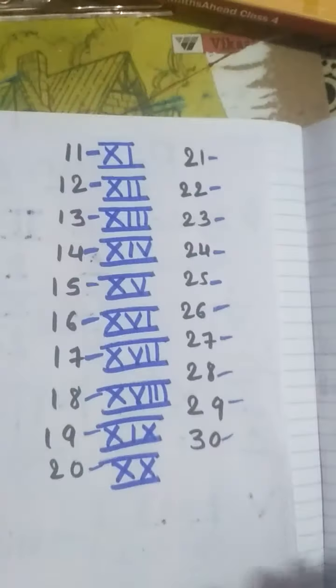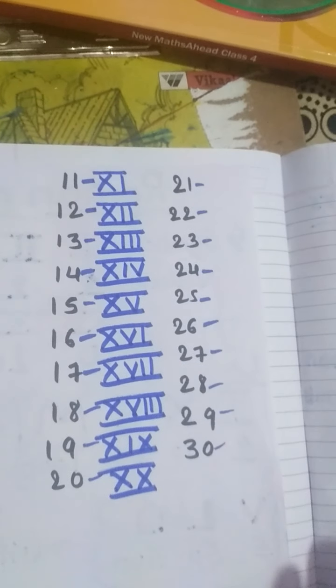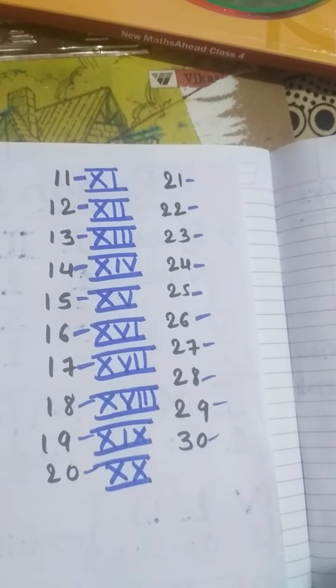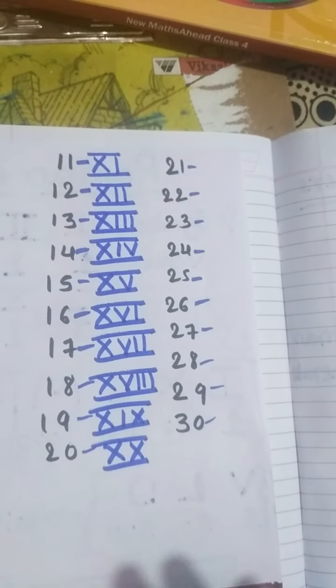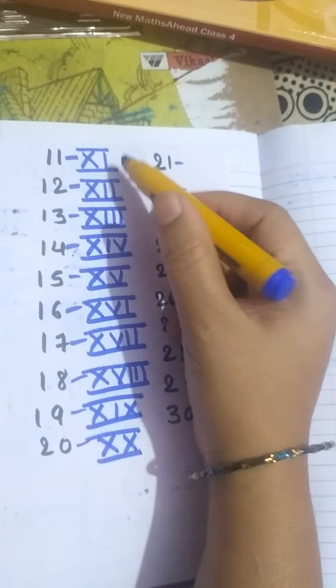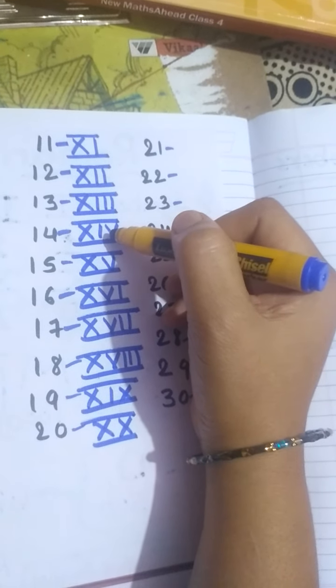If you know how to write 1, 2, 3, you can write 11, 12, 13 easily. 11 will be 10 plus 1. 10 plus 2: you know how to write 2, and you know the 10. Look at this carefully. Till 3 we are going to add. When 4 comes, we'll subtract.